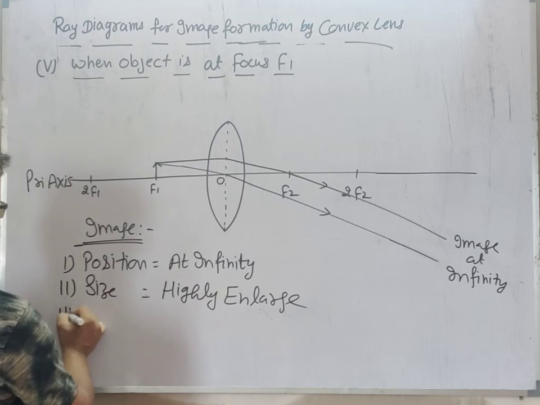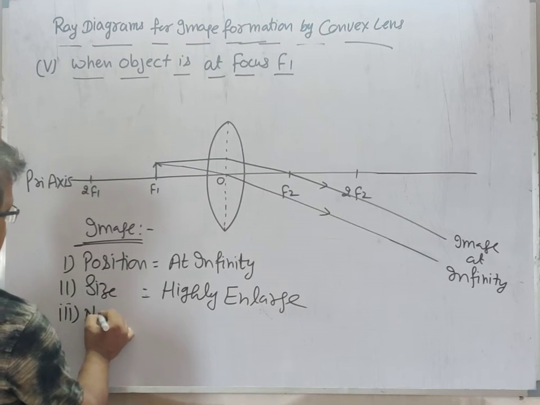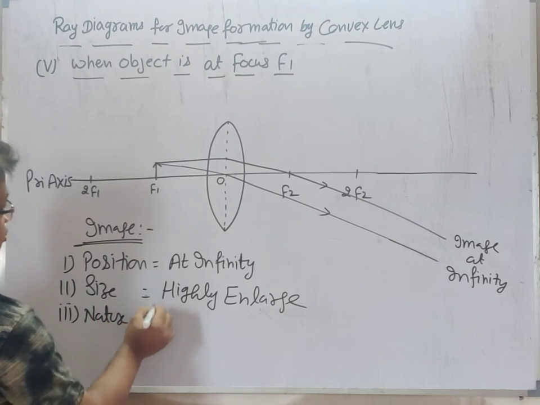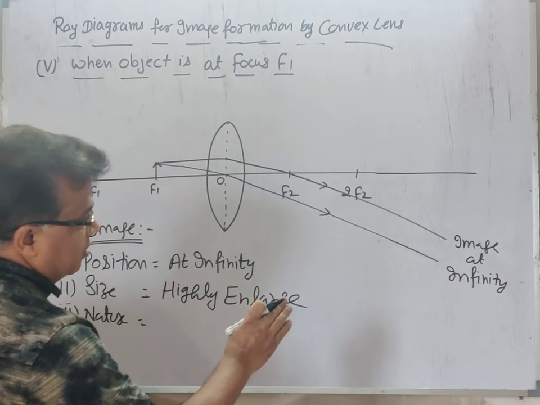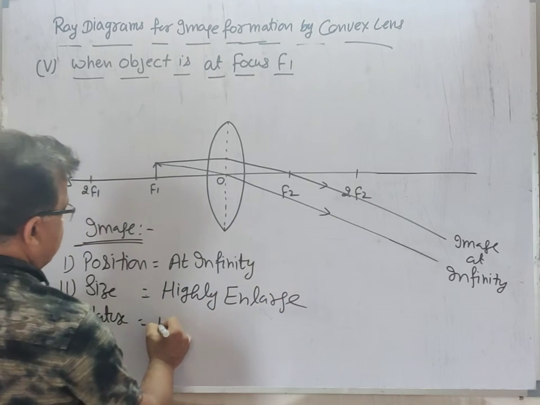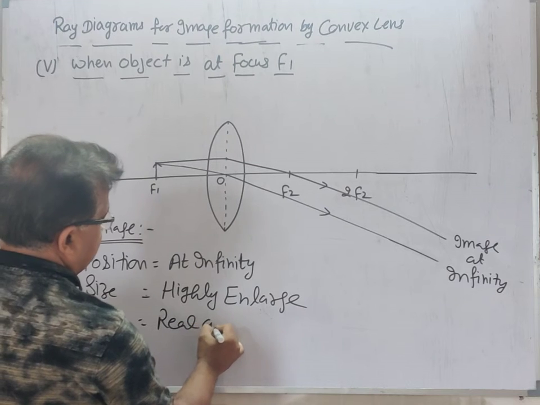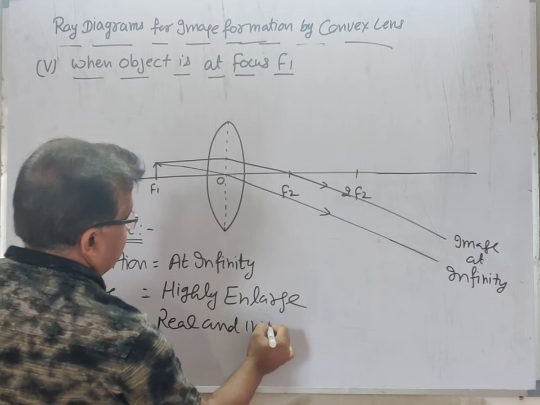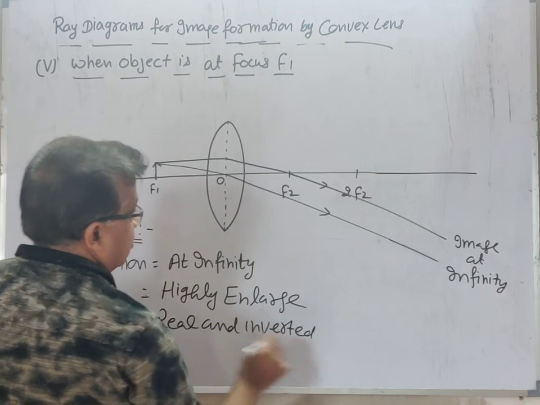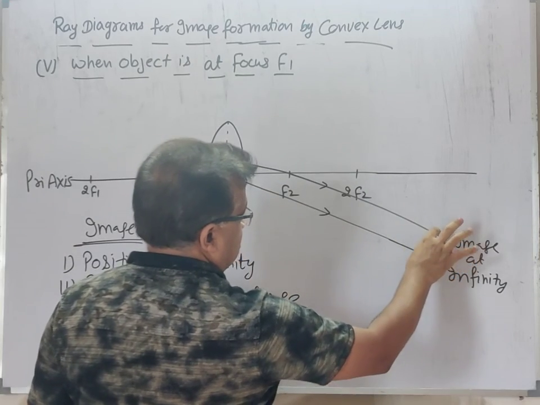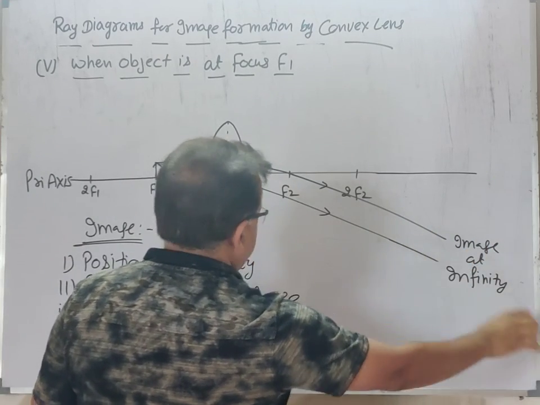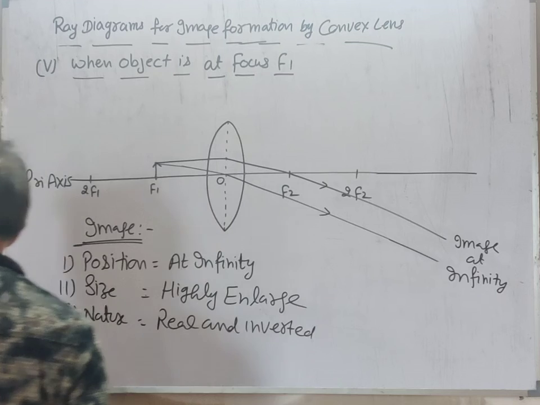And then next is nature. Nature of the image, as we are observing, is real and inverted, because it will be formed here and that is inverted, therefore real.